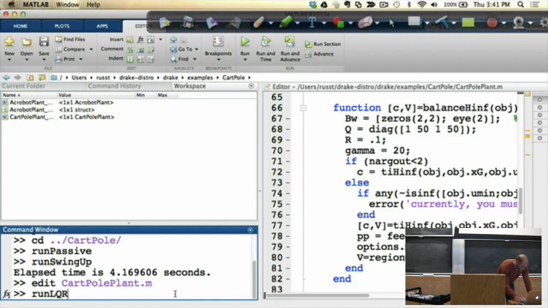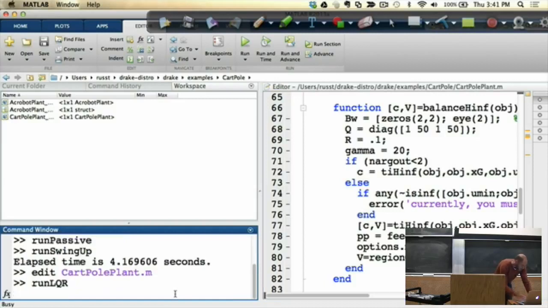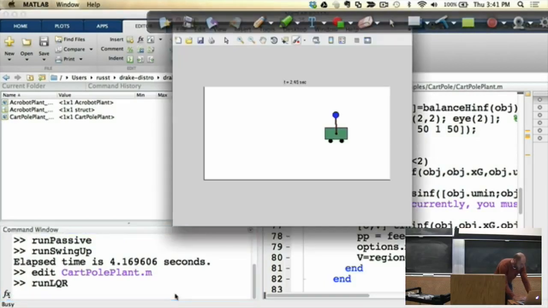And if I just run LQR on this thing, and by the way, that call will fail if the system is not controllable, but the Acrobot and the cart-pole are both controllable even though they're underactuated, and it stabilizes the cart from a range of initial conditions.